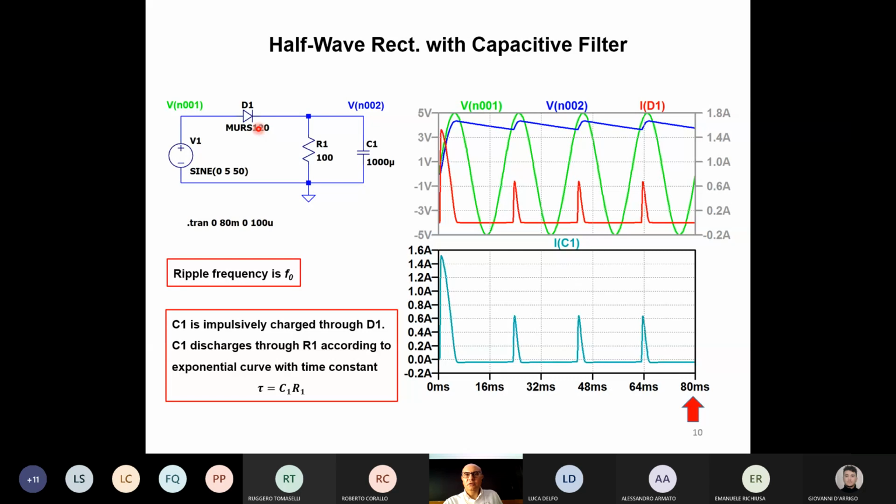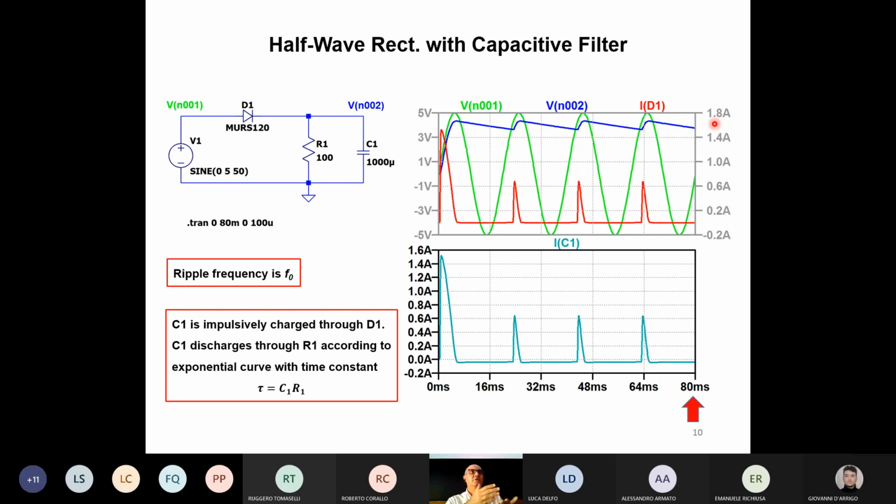But I also plotted the current through the capacitor C1. I did not plot the current through resistance R1 because, again, the current through R1 has the same shape as the voltage, which is blue. It's just a matter of scale.